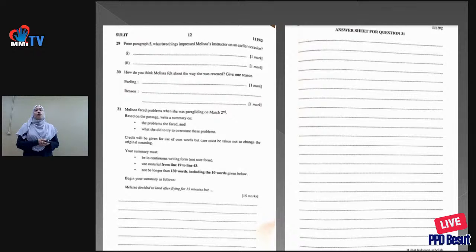I know for some of you, and there are certain of my students as well, they tend to leave this question blank, especially when they see that they need to write an essay like this. Just leave it blank. But it's very wasteful, because there are some things that you can do actually.